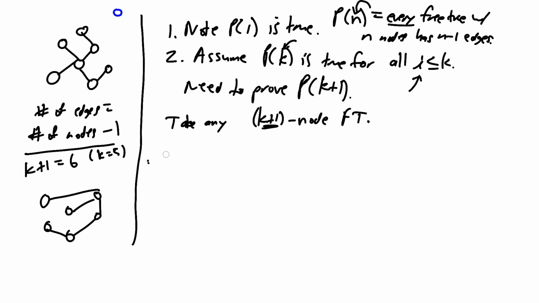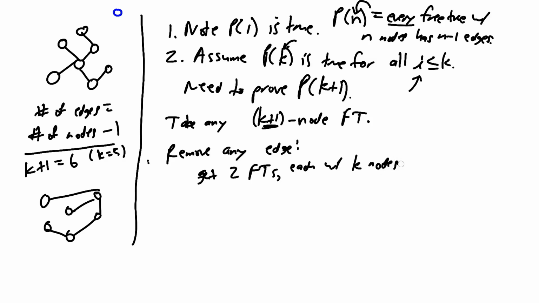Now, what we're going to note is that if we remove any edge in the tree, we get 2 free trees, each with K nodes or less. Now, would you buy that?